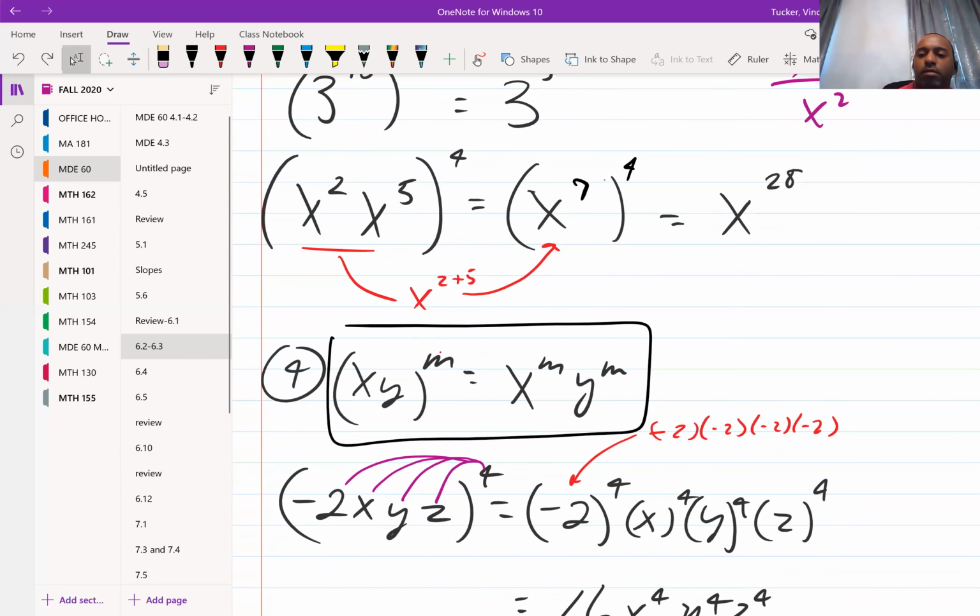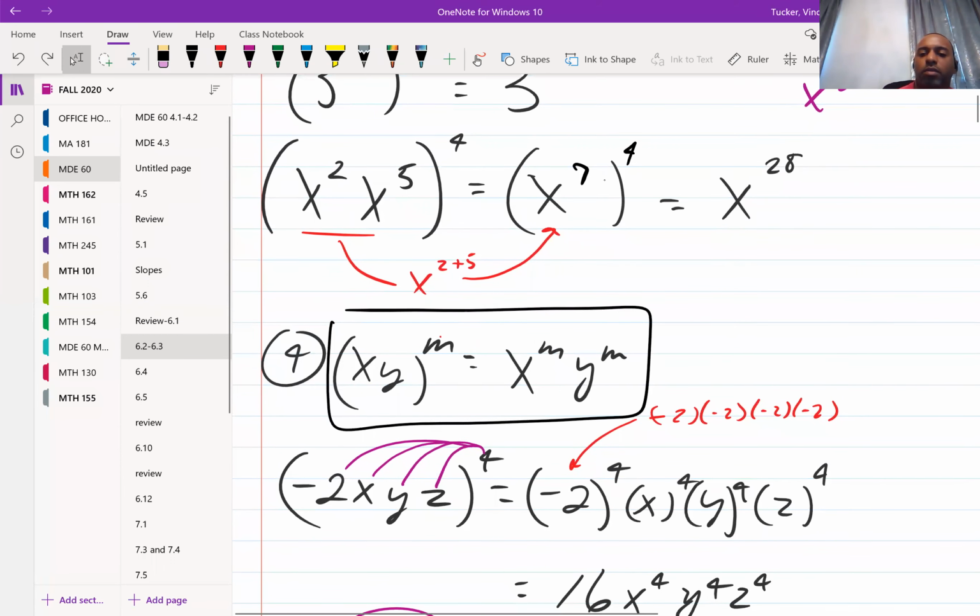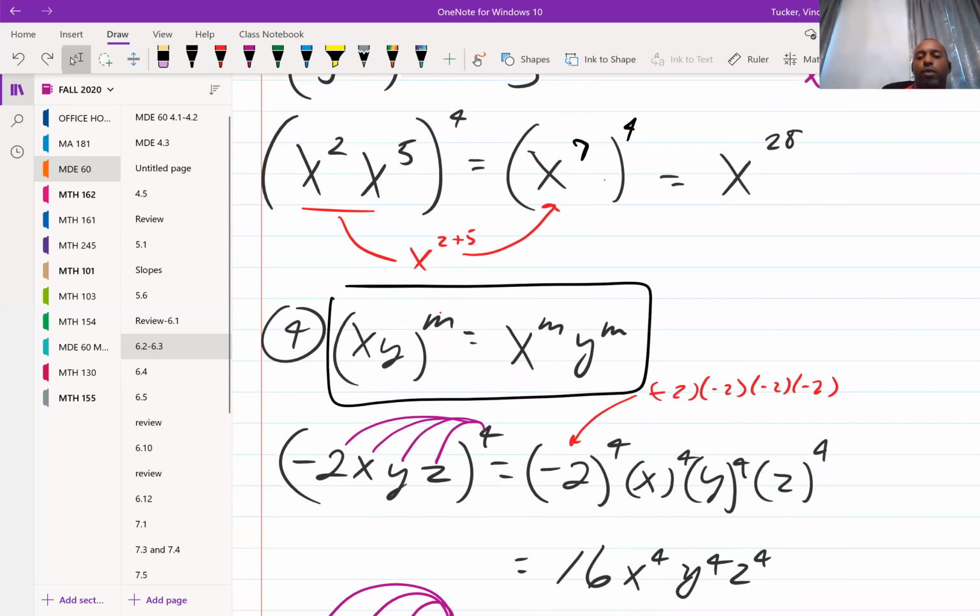So negative 2 to the 4th, x to the 4th, y to the 4th, z to the 4th. And negative 2 to the 4th is negative 2 times itself 4 times, which will give you a positive 16. And then x to the 4th, y to the 4th, z to the 4th, they are what they are.